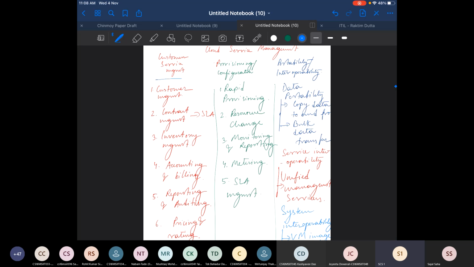As many services or as much extent of services you use, your meter will also increase. Like your water bill meter, I don't know whether in Assam we have to pay for water on a metering basis. Electricity we have to pay on a metering basis, right? So if you consume more electricity, in that case you will be billed more. So that metering is a part of this one only.